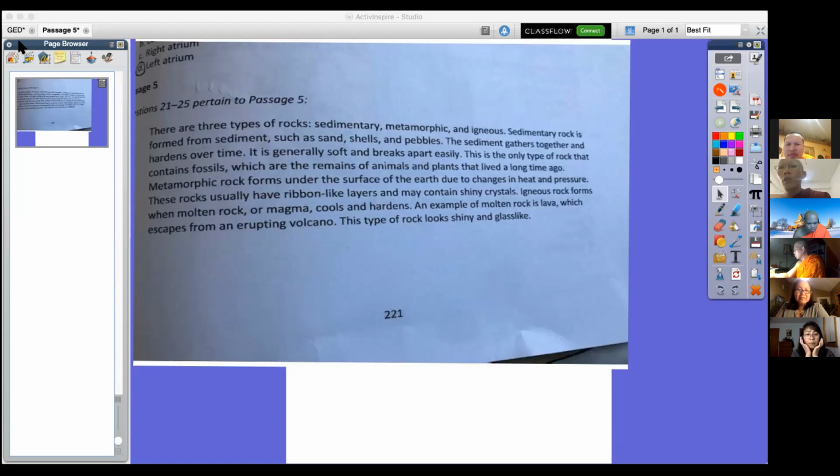Yes. This type of rock looks shiny and glass-like. Very good. Now I am going to read it and you follow along, so you can hear how I sound.